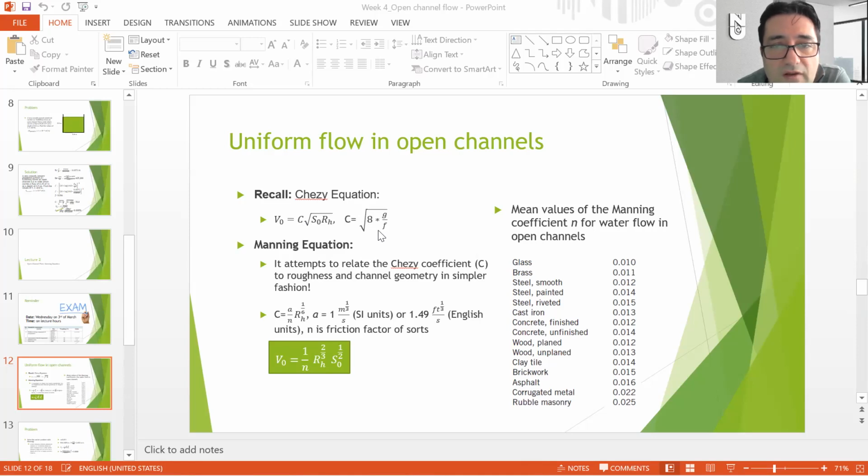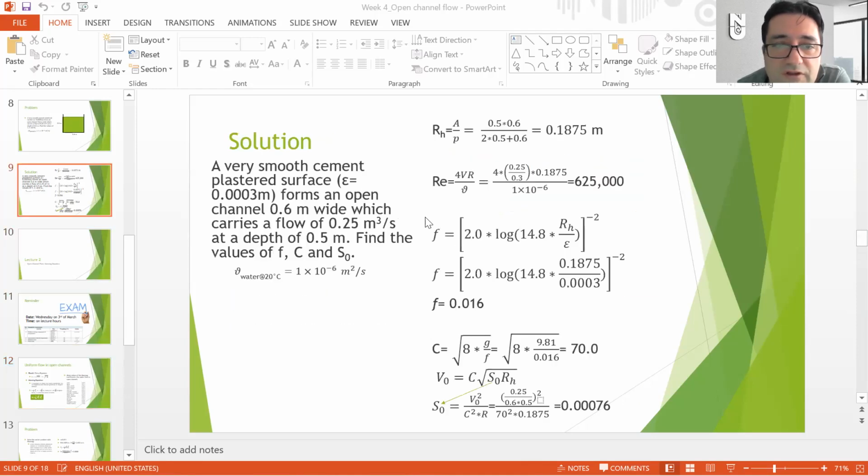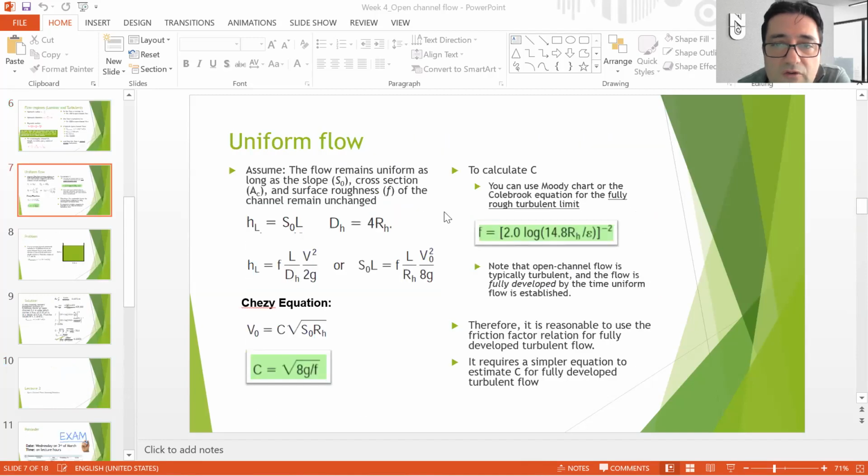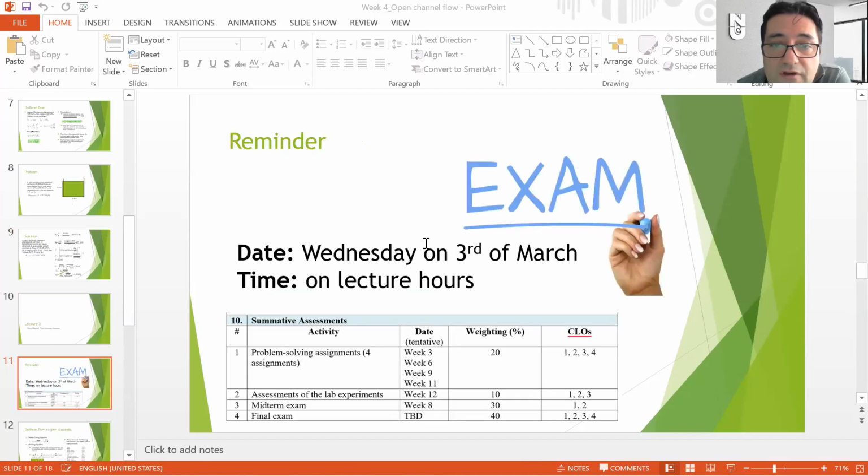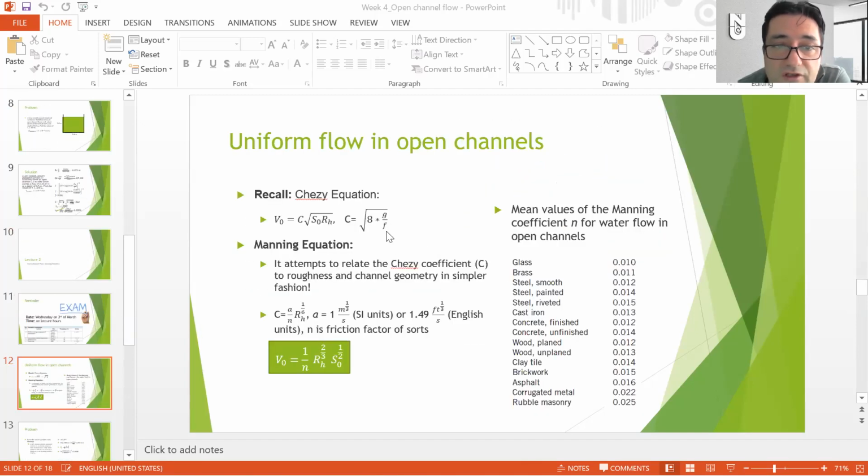We can get the friction factor from the Moody diagram, or from other equations like the Colebrook equation, which is quite a generic friction factor used in hydraulics and fluid mechanics. Capital C, the Chezy constant, is a derivative of it, and this was the equation we used to calculate the velocity for an open channel.